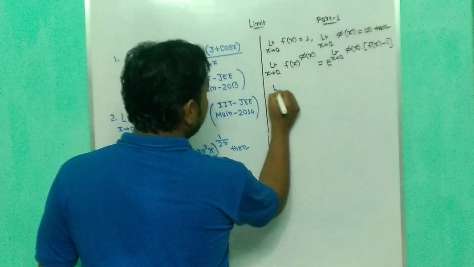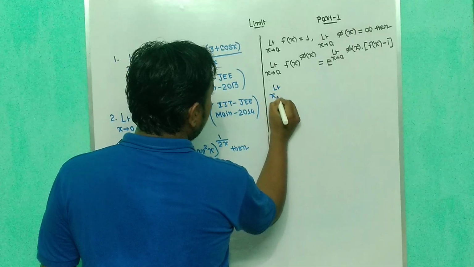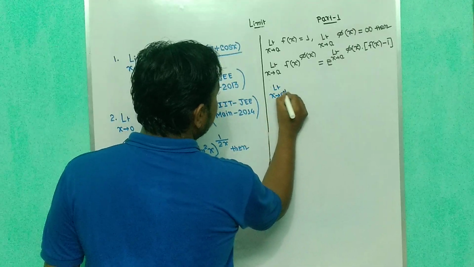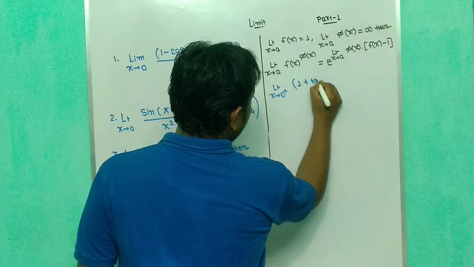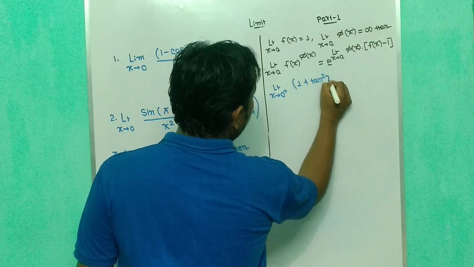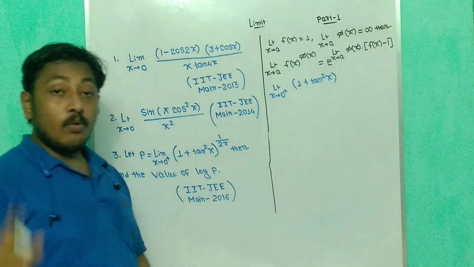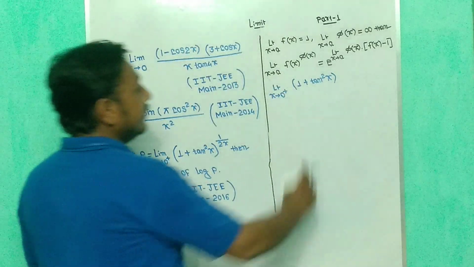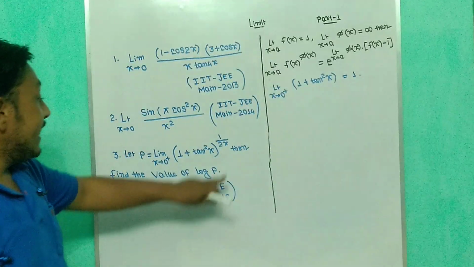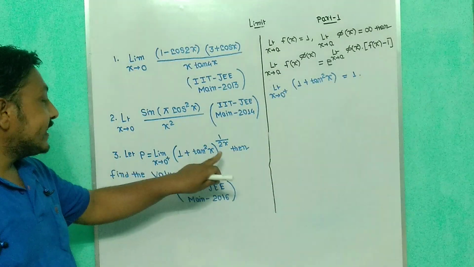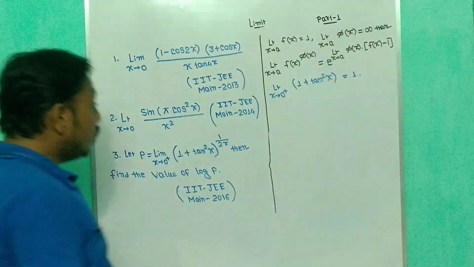So limit x tends to 0 plus 1 plus tan square x. We all know that tan 0 equals 0. That means 1 plus 0, that means 1 will come. So here phi x is 1 by 2x.